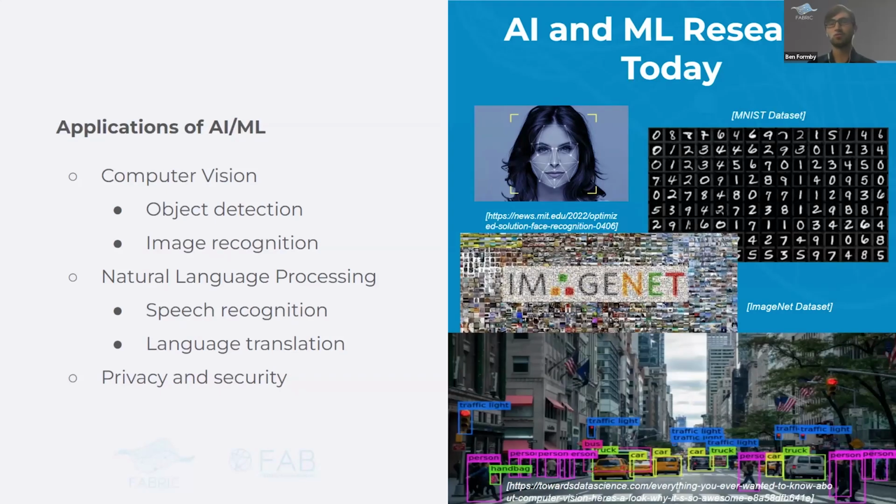There's also natural language processing methods being used, including speech recognition and language translation. We see these popularly now with large language models and chatbots. And then also there's privacy and security applications of AI with network security, and also, again, with things like face recognition.